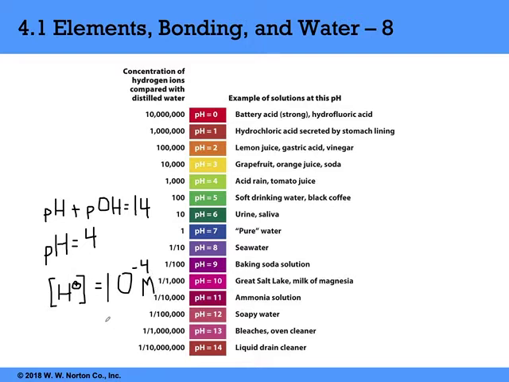Why do we care? All right. We care because organisms have a pH at which they operate best. All right. Where their life processes can proceed without damage. When you change that pH, you run the risk of creating toxic conditions that kill the organism.